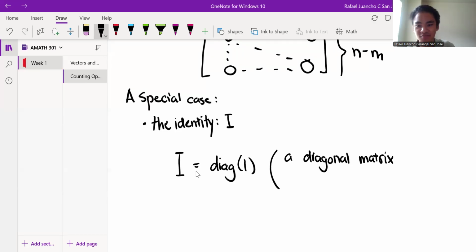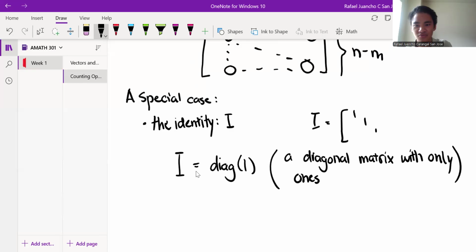We know what a diagonal matrix is, but the values only contain one. So an example would be the identity matrix I with 1, 1, 1 on the diagonal. That's diag 1, right? That's an identity matrix.